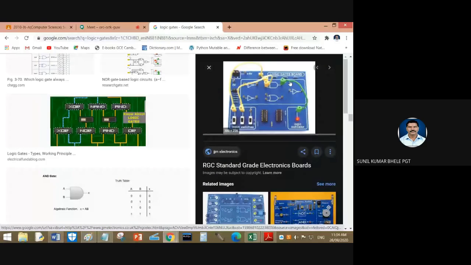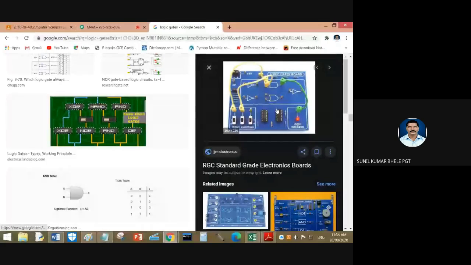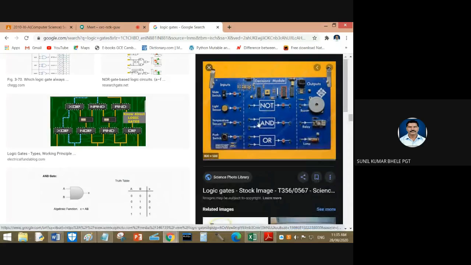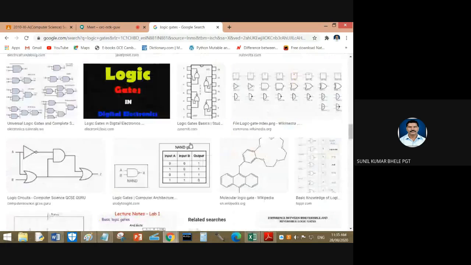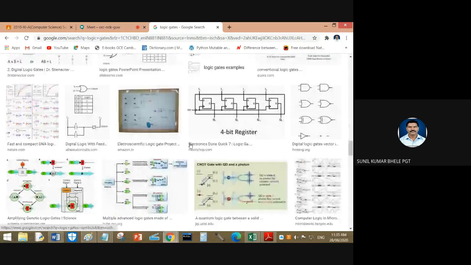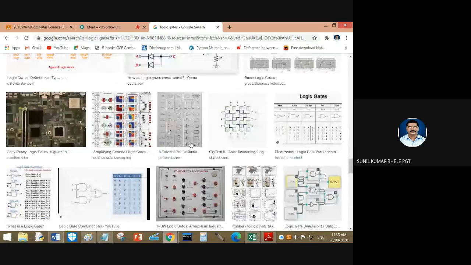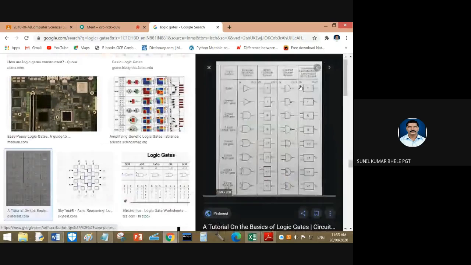You can get this board from online shopping sites, or create this type of board on your own. This may be a very good science project. You can see the working of NOT and OR described here in this electronic model. So I recommend you create a chart of all logic gates with their names and truth tables and paste it on your wall so that you can remember the working of each and every gate.